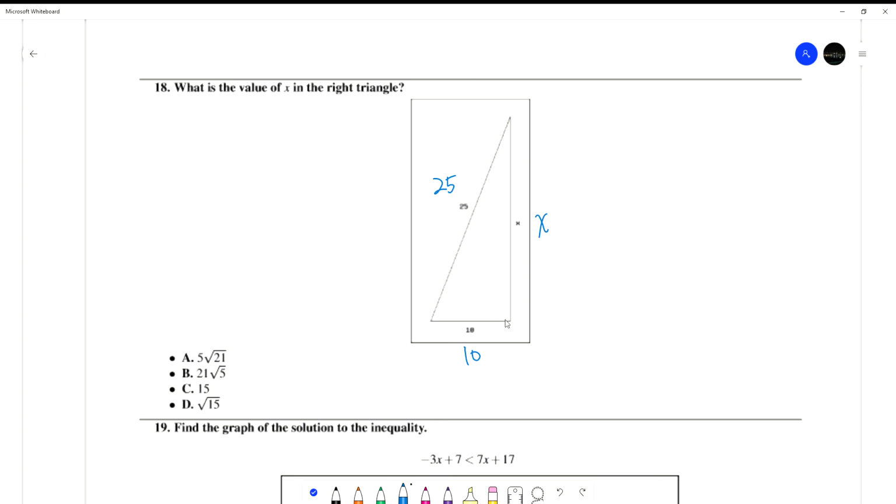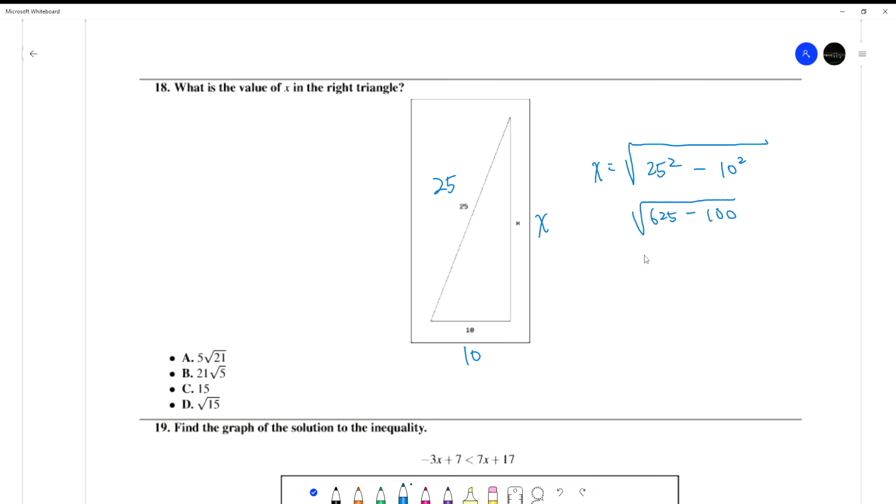So remember, in a right triangle, you can use the Pythagorean theorem. That means the hypotenuse squared minus the leg squared gives us x squared, right? So x is equal to the square root of the hypotenuse squared minus the other leg squared, right? So 25 squared is 625 minus 10 squared is 100.